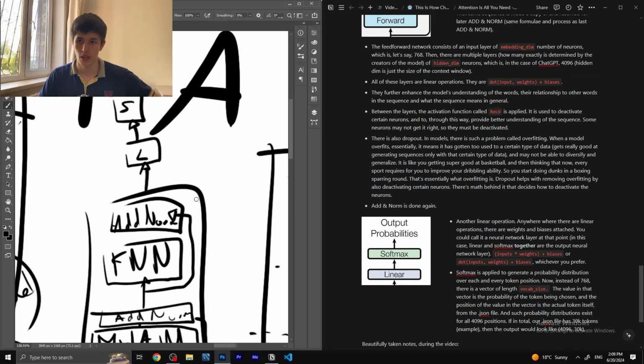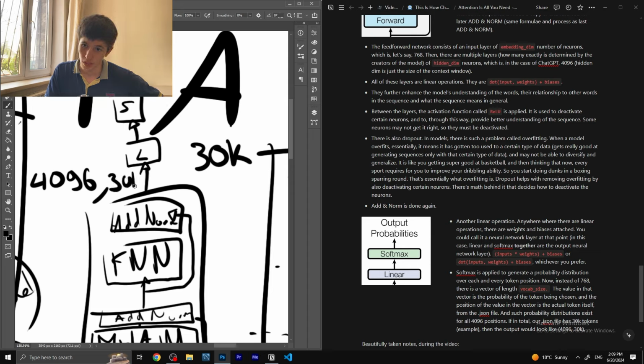So if you have 30k tokens in your JSON file, the shape of the GPT's output would be 4096 token positions, and each one has a probability distribution over 30k different possible tokens to choose from. Each individual value in the probability distribution is the probability of how likely that token is to be chosen, and the actual token is the position of the probability value.